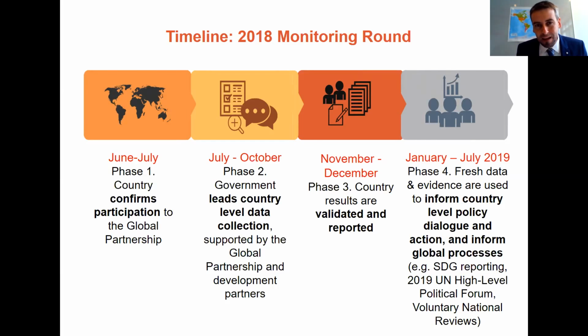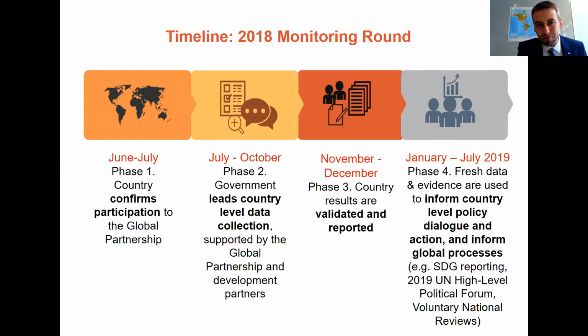Of course, it's an indicative timeline, so depending on the moment in which you start, you may adjust the time for the different phases a little bit to make it work for your country and the country context and timing. But it's very important that the process can be finalized by the end of the year.